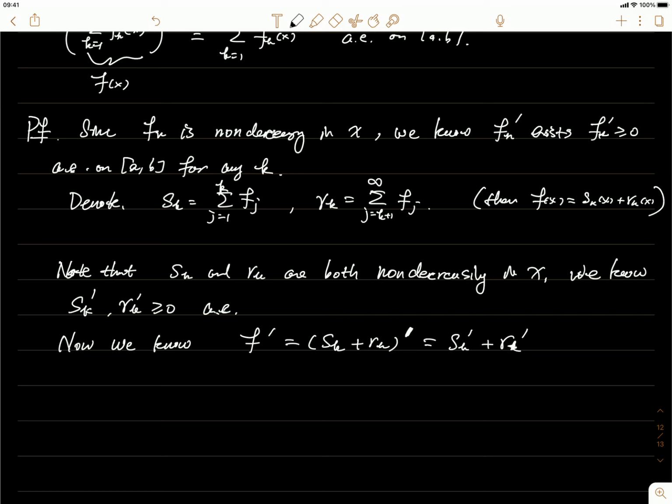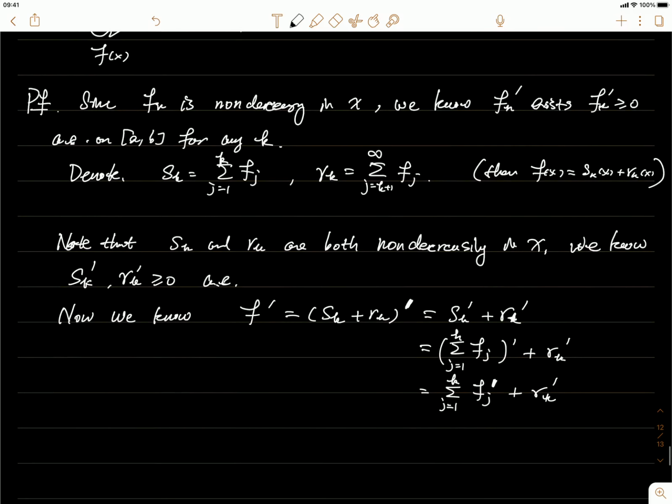And now, since s_k is a finite sum, the derivative of s_k is just the sum of the derivatives of f_j, j from 1 to k. Because we have a finite sum, taking the derivative is just taking the derivative on the inside due to the linearity of derivatives. And then we still have this r_k prime.